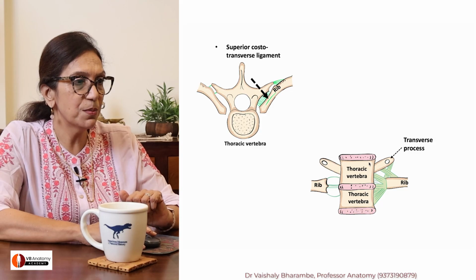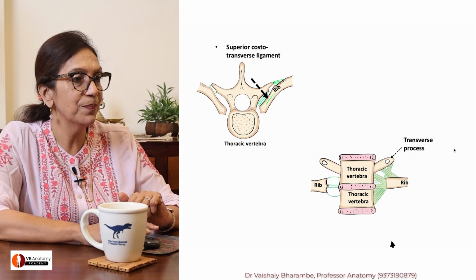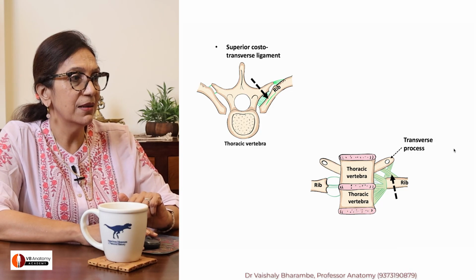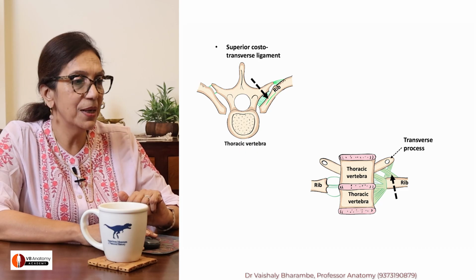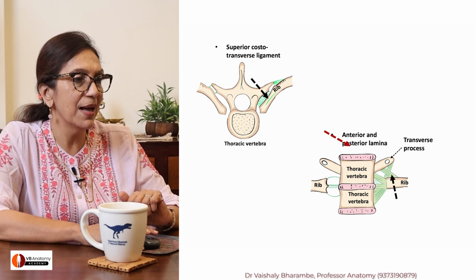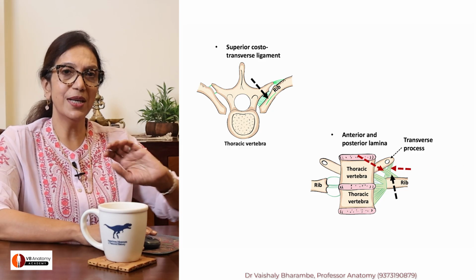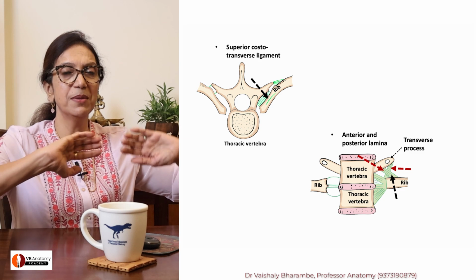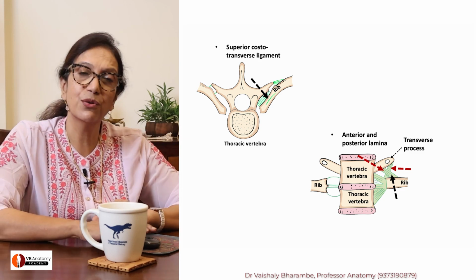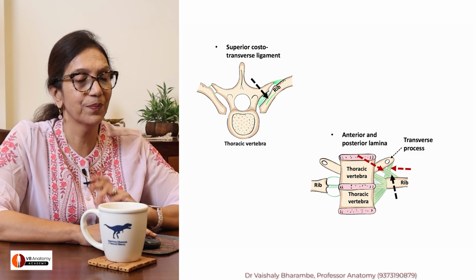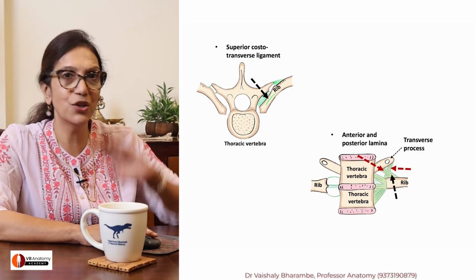These are the transverse processes of thoracic vertebra. This is the superior costotransverse ligament having an anterior lamina and a posterior lamina. So, posteriorly, your ribs have a superior costotransverse ligament attached to them. Anterior lamina, posterior lamina. Just knowledge. Right. So, with this background, we will now discuss intercostal spaces.